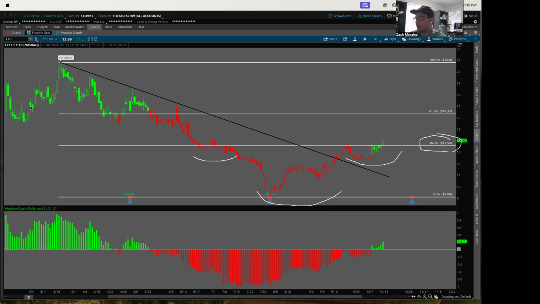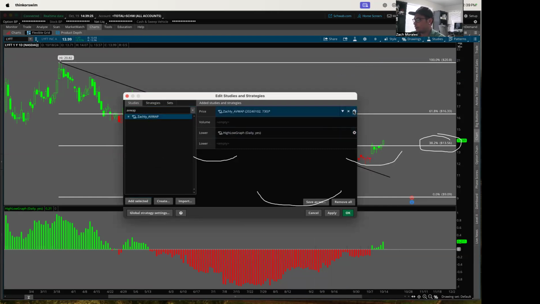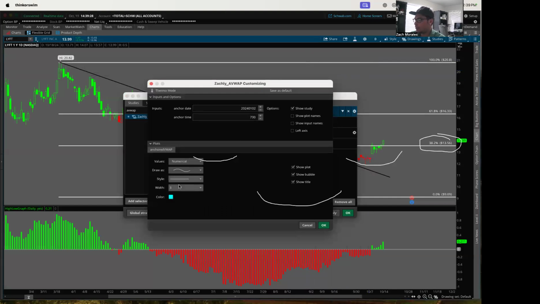All right. And then we come in here, and what I also like to do is throw on the anchored VWAPs, which is nothing crazy like that I invented. A lot of people can script up an anchored VWAP in Thinkorswim. But we'll come in here, we'll throw our anchored VWAP on for what does this look like? March 11th. Okay. And we'll see if we're trading, which I think we are.